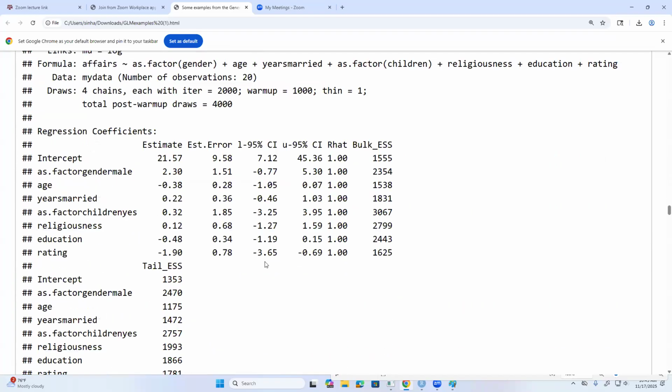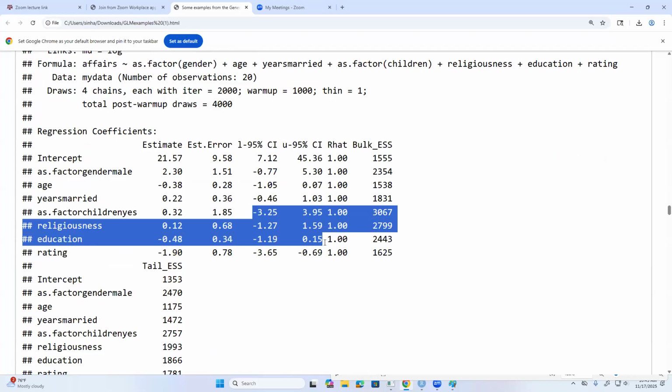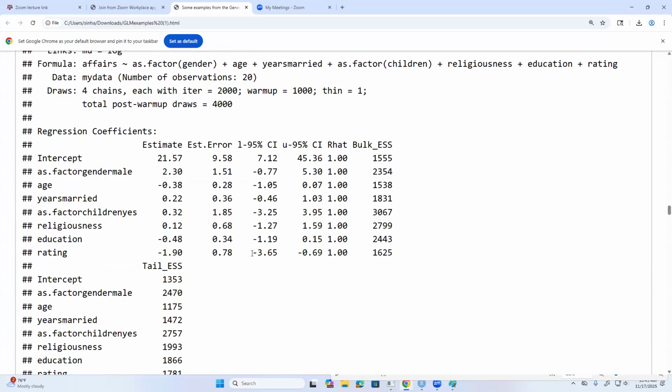Let's look at the negative binomial model. For the negative binomial model, these three predictors have no significant impact, because their credible intervals include 0, but the rating of happiness seems to have a significant impact here. That was not there in the zero inflated model. And over here, years married does not have any significant impact.